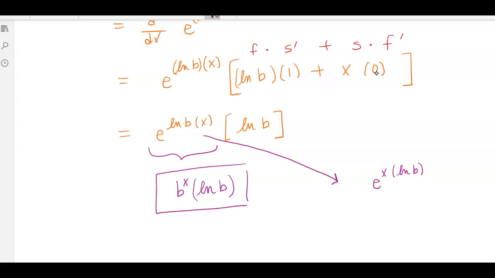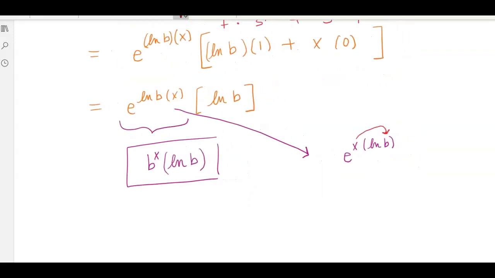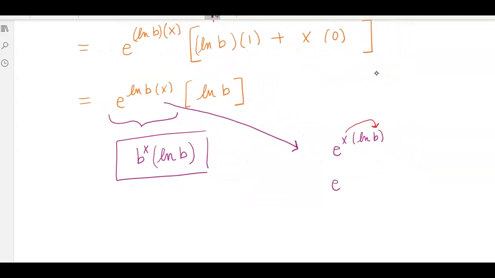I'm just rearranging them so that I can bring this up as an exponent here. So this is e to the natural log of b, to the x power. And again, because e and natural log are inverses of one another, we're just left with what's here, which is b to the x, and that's what I wrote here.